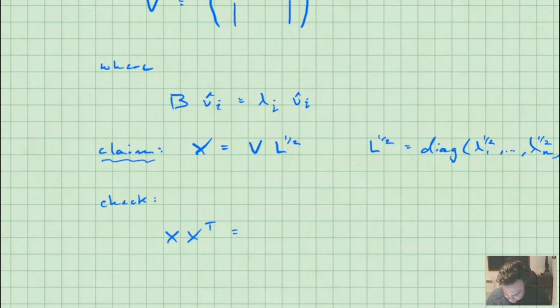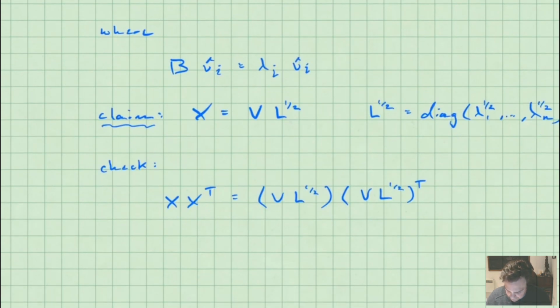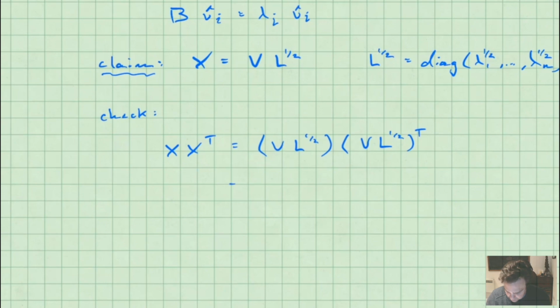Okay, so X times X transpose is V times L to the 1/2 times V times L to the 1/2, transposed. And now we'll take the transpose: you switch the order and then do the transpose. And the transpose of a diagonal matrix is the diagonal matrix.